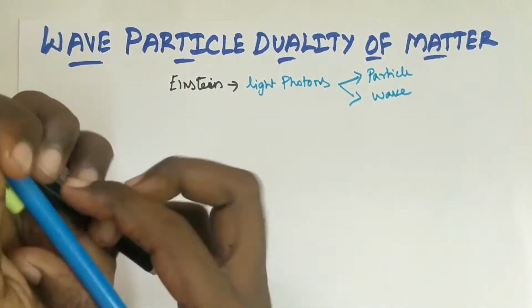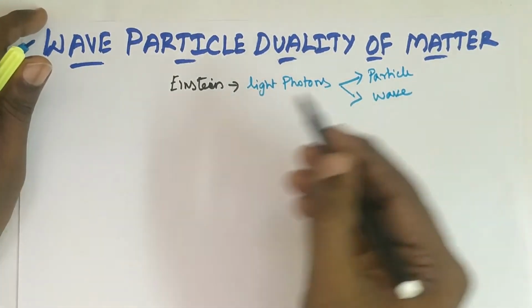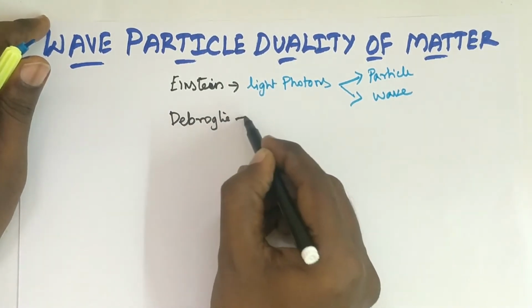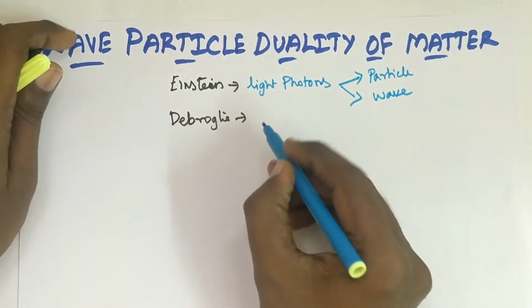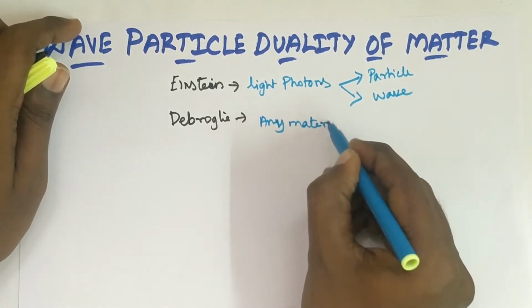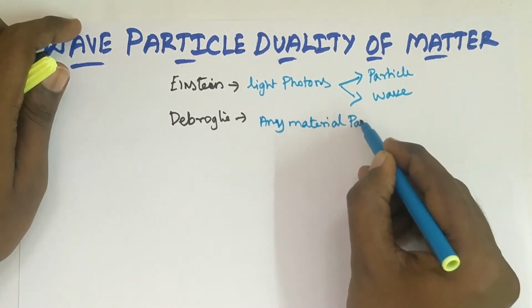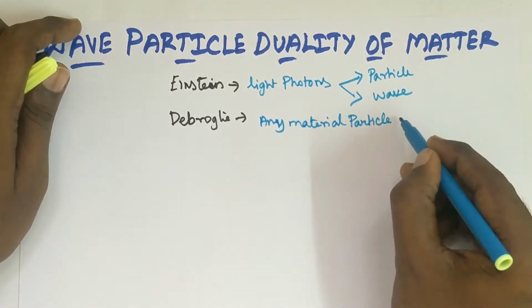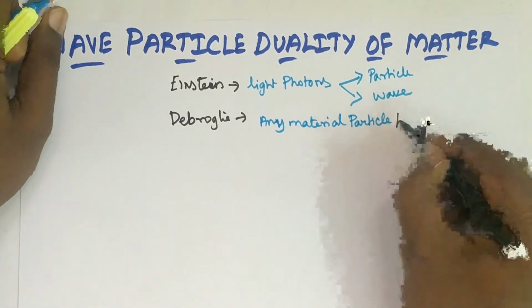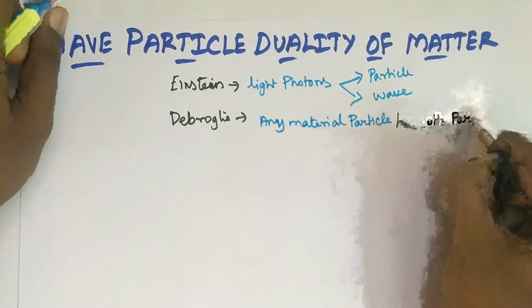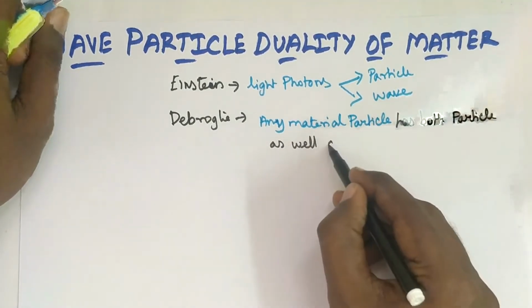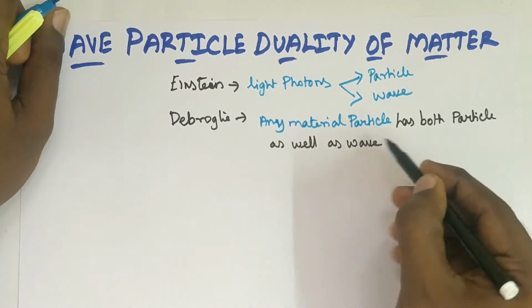But it was extended by de Broglie, who said any material particle has both particle as well as wave character.